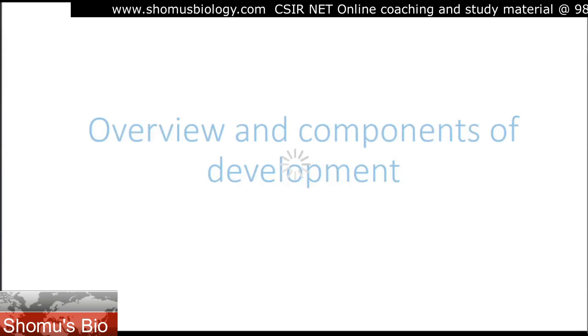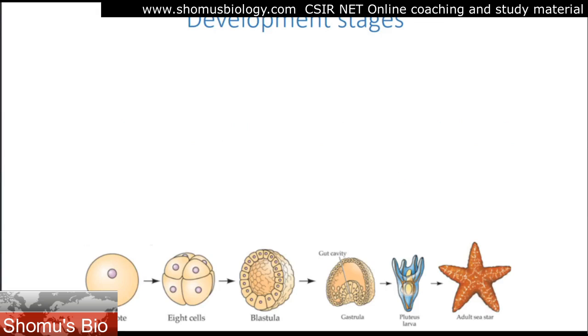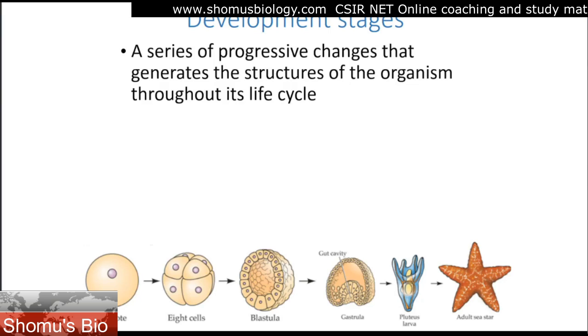So what can I tell in very simple terms, what is development? The answer to that can be explained with this: a series of progressive changes that generates the structures of the organism throughout its life cycle. That is known as the organism's development.